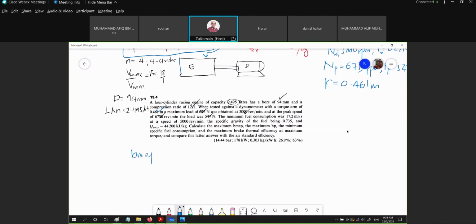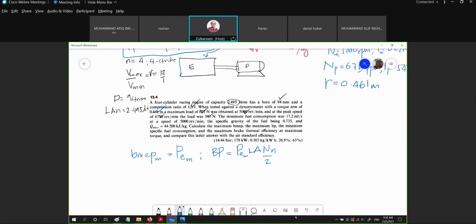BMEP max is equal to PE max, and this PE only occurs in the formula of BP is equal to PE max LANN, and of course for a 4-stroke engine divided by 2.